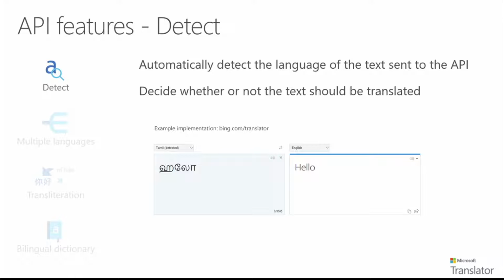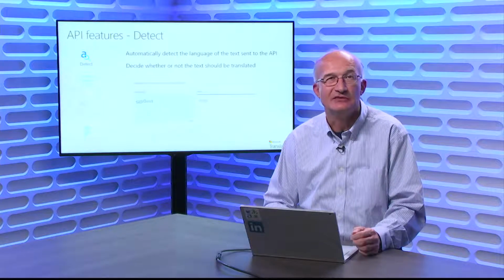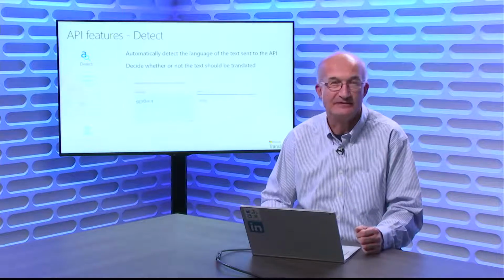If you just want to know the language of the text that you want to process, you can do that. As I said, it's not necessary if you just want to translate, because you can detect and translate in a single request.